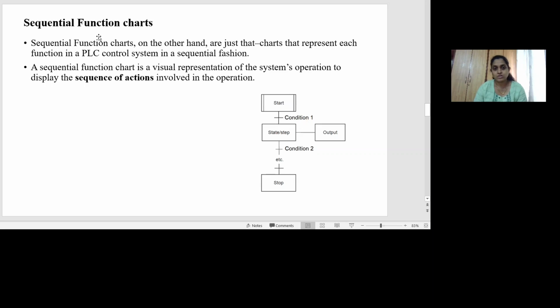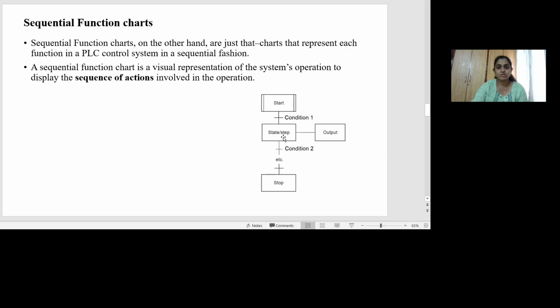So in this functional chart method, we will be using steps and transitions. Transitions are those instructions which are used to move from one step to another step, and the step is the one which contains the actions, and these actions will be programmed by the user. And in order to take the action, some decisions have to be made in the step box.